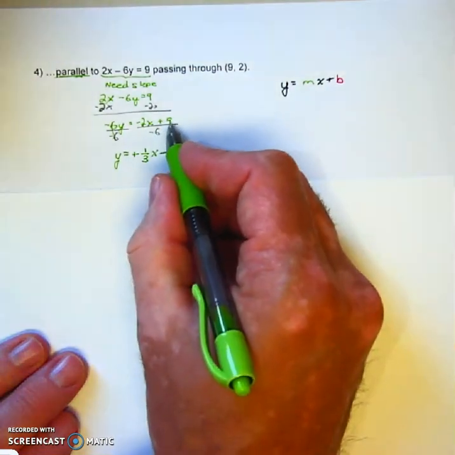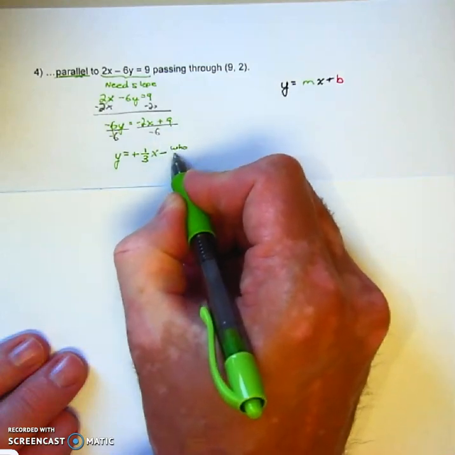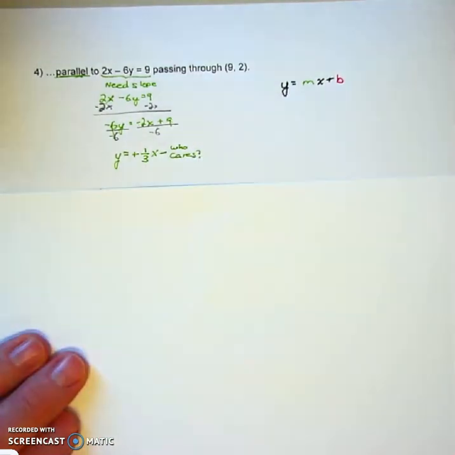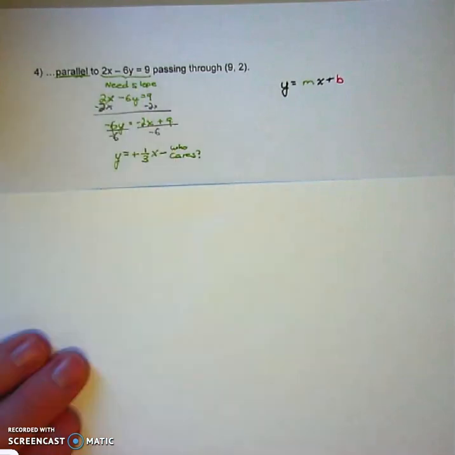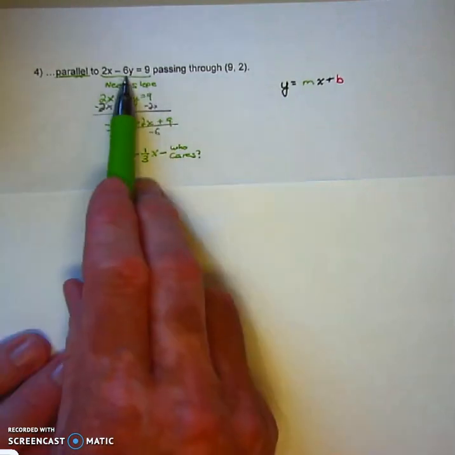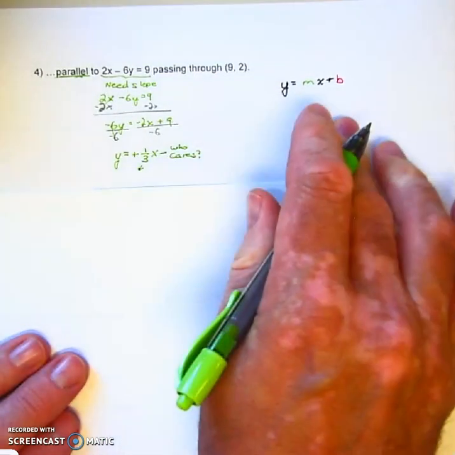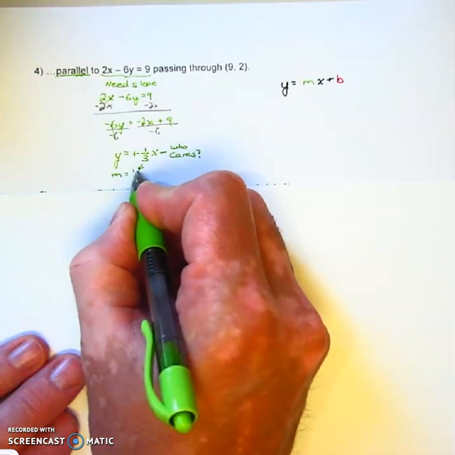And when I reduce this down, 9 over 6 is, well, actually, I think this is okay for us right now, isn't it? Because what was the only thing we wanted out of this equation? Well, the only thing we wanted out of this equation was the slope, and that is the slope right there. So I know that the slope is 1/3.